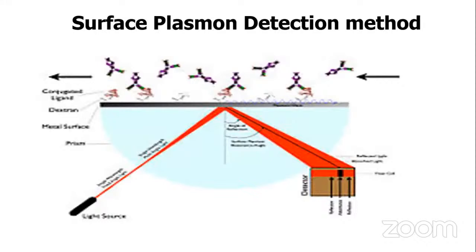This also can be done by another technique. This is called the surface plasmon detection method. All that is done is the antigen-antibody complex is formed on a surface, and the thickness of that reflects a laser beam, a light source, let us say, differently, and that can be a quantitative signal to know how much is in the solution.